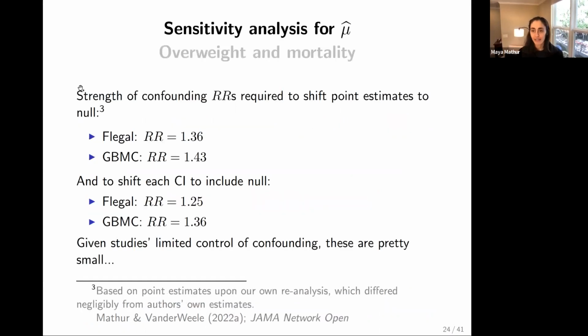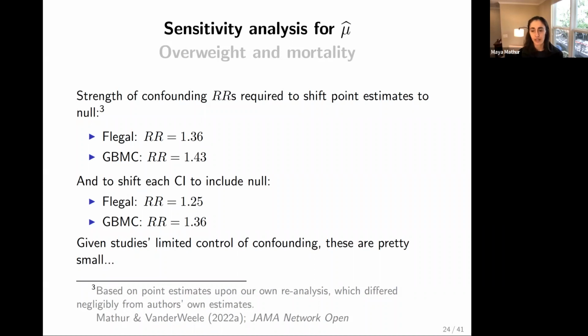So let's go back to the meta-analyses on overweight and mortality and see what we get by applying e-values to them. So for Flegel, that was the one that was indicating a protective association, we get an e-value of 1.36.